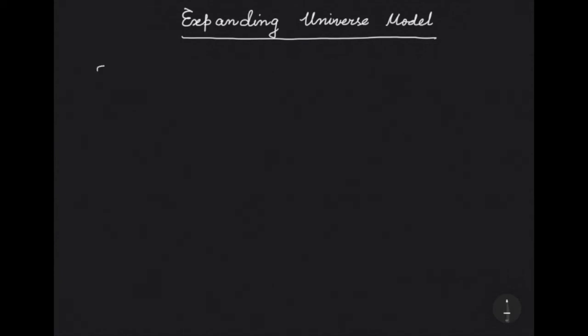So we started with Hubble's observation, and to summarize it, at least what we have inferred is, if we look at different galaxies and estimate their velocities from the redshift of the spectral lines, that he found is proportional to the distance to those galaxies. This h he called the Hubble's constant.